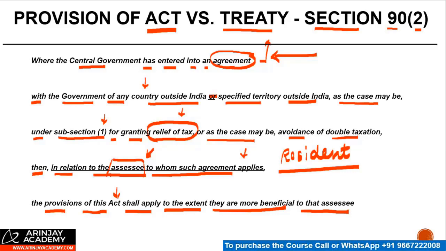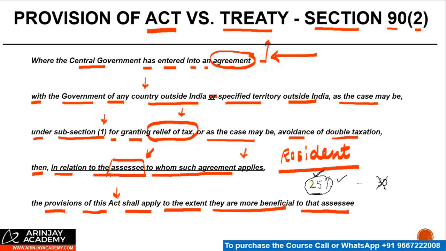Now I'll give you an example here that will cover this. Let's say, for example, the withholding tax under the treaty is 25%, right? And under the Act is 30%. I'm just giving an example. In such a case, the provisions of the treaty, which provide for a withholding tax of 25%, are more beneficial, and the assessee can opt for such provisions.